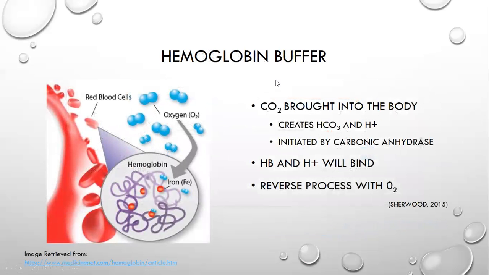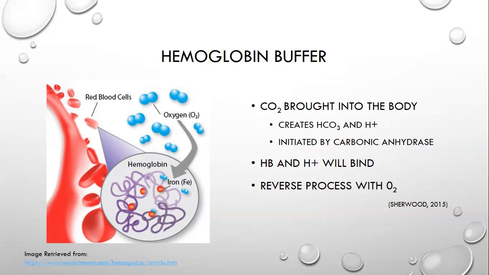All right, so hemoglobin buffer system. The hemoglobin buffer system buffers H plus when CO2 is brought into the tissue and the lungs. The CO2 will move into the blood, causing an accumulation of CO2 and H2O.